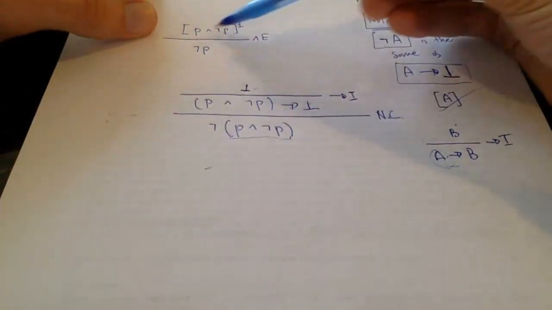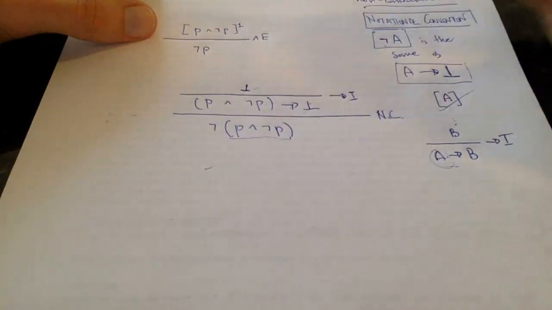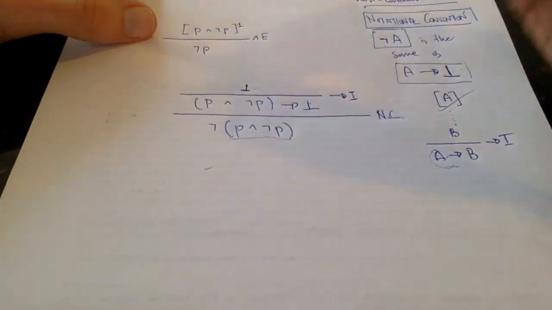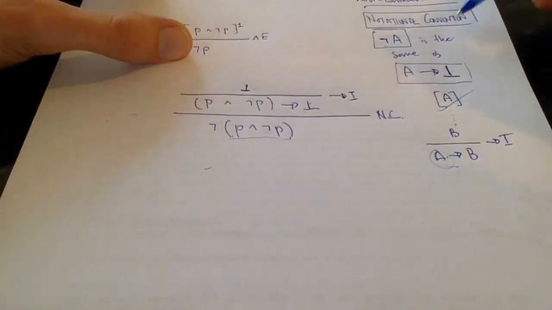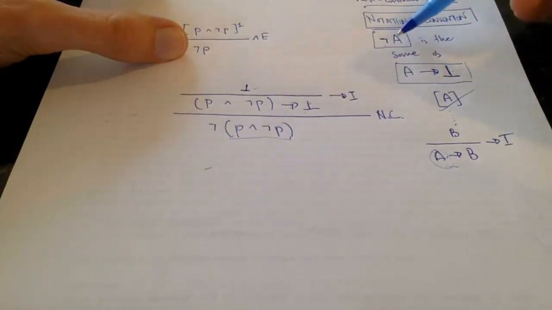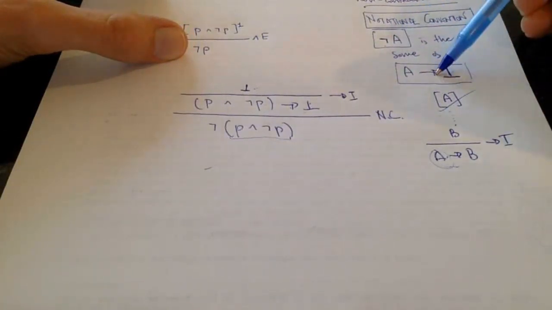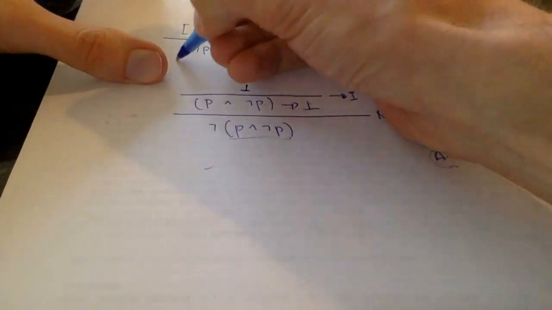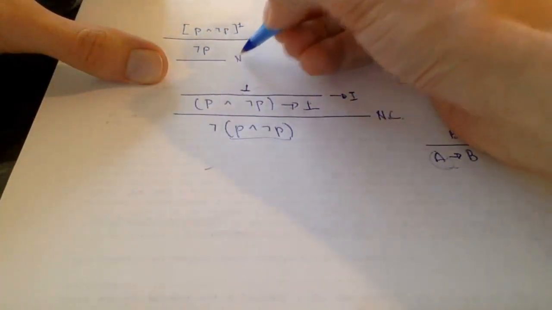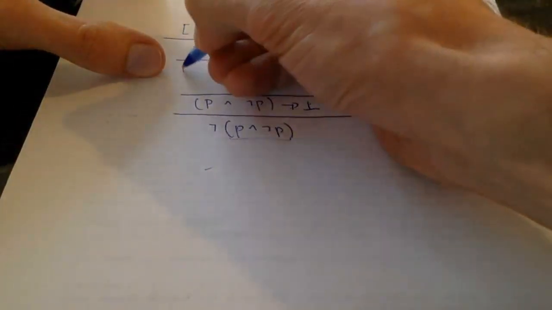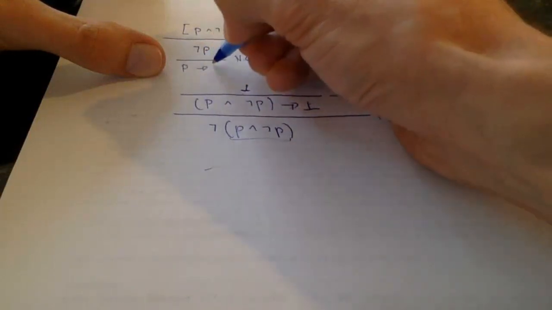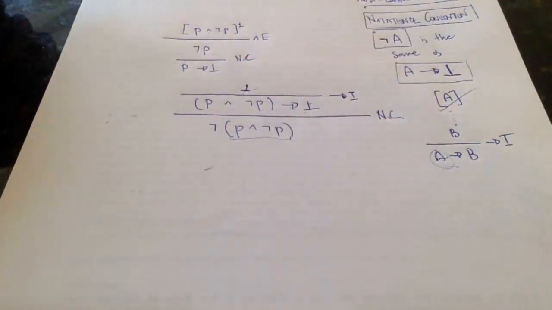I'm just taking one of the two components in this P and not P. Now at this point I can apply my notational convention that says that not A is the same as A implies the contradiction. So I just use my notational convention, NC, and I just say P implies the contradiction.